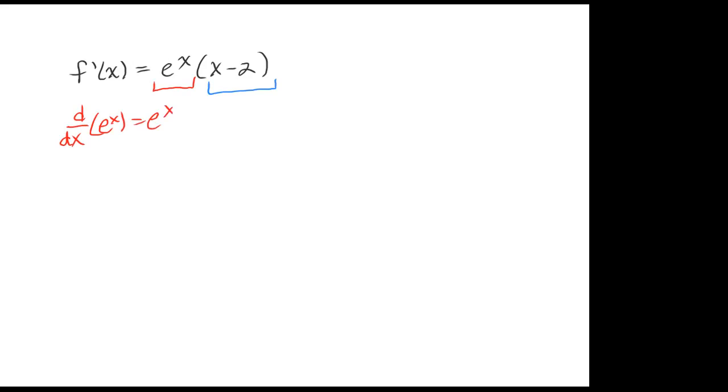The derivative of that second portion, d/dx of x minus 2, is equal to 1. So since I have the functions and the derivatives, I can put them together using the product rule.